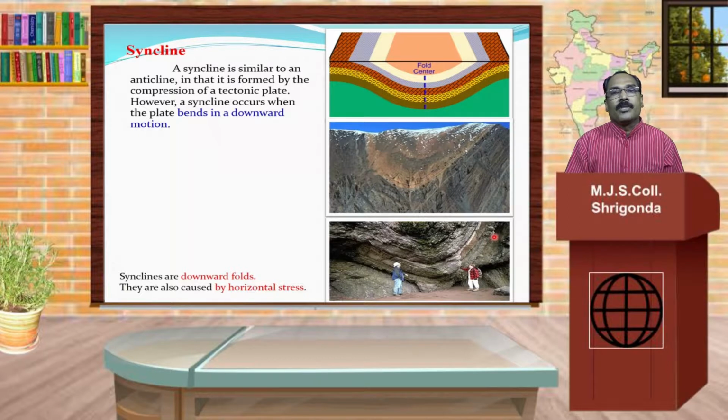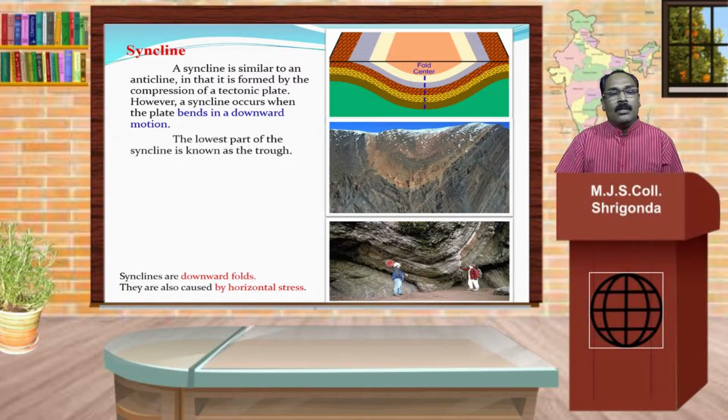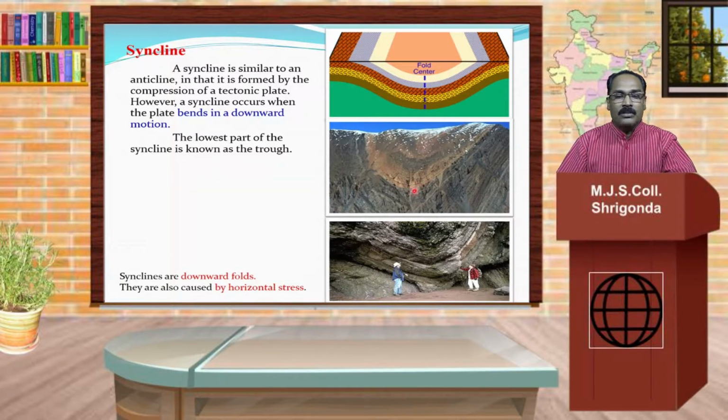However, a syncline occurs when the plate bends in a downward motion. The lowest part of the syncline is known as the throw.